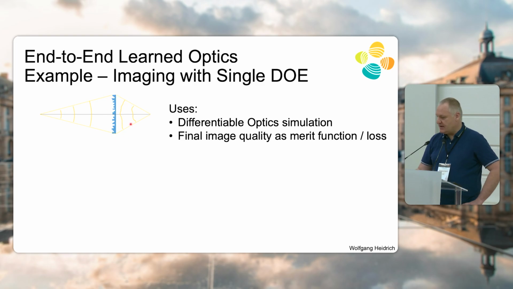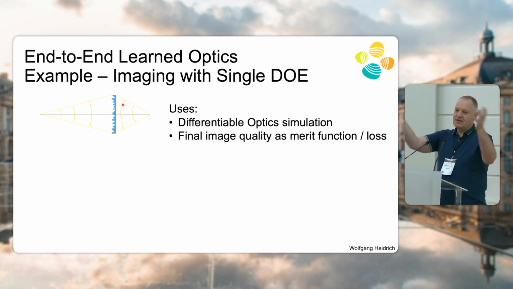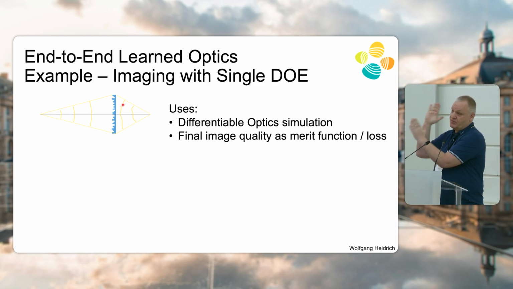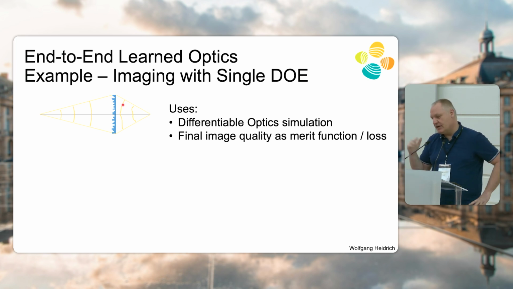Here, the idea is, let's say you want to design a so-called thin plate optical system. This is a system where you throw away all the complicated lenses from your camera and replace them with a single thin piece of glass which has either a diffractive optical element etched into it or a metasurface. The two things are in many ways equivalent.